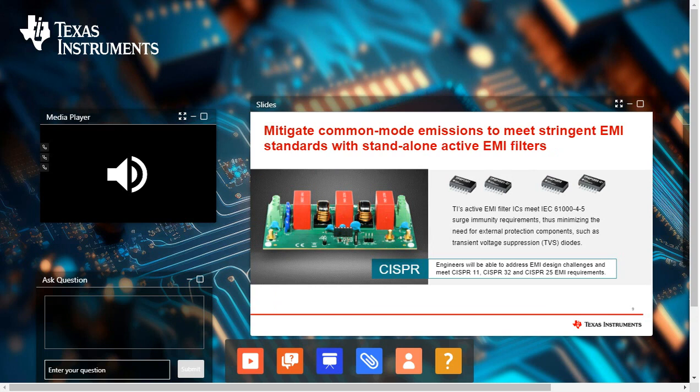Today, we will focus on AEF ICs that mitigate common mode emissions in AC/DC systems to meet CISPR 11, 32, or 25 standards. These AEF ICs also meet IEC 61000-4-5 surge immunity requirements with a minimum number of external protection components such as transient voltage suppression, or TVS, diodes.